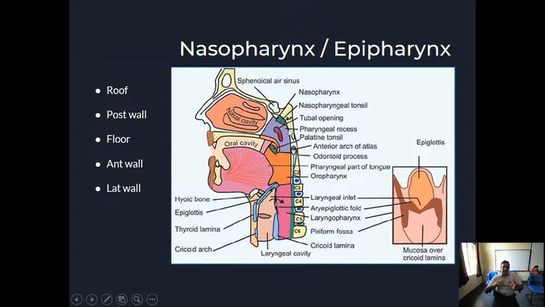So that is a cavity, and laterally, as I said, it is the same constrictor muscles, the superior constrictor muscle that is there laterally, but there is a small space between the base of skull and the superior border of the constrictor muscle, which is called the sinus of Morgagni.